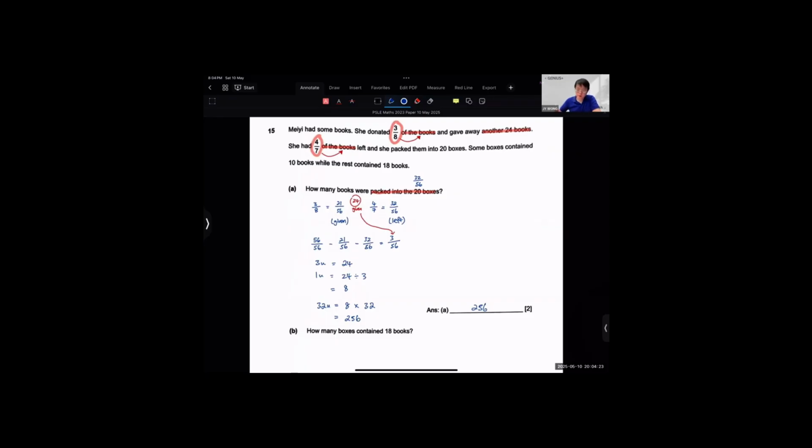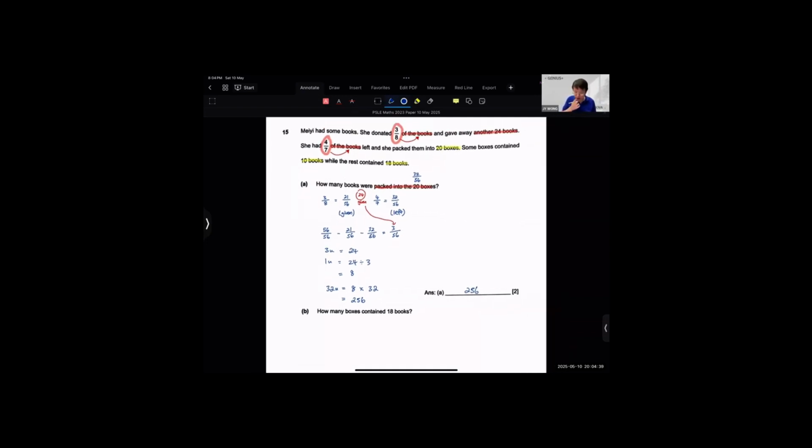Now, part B. Some boxes contain 10 books, while some boxes contain 18 books. Do we know the number of boxes? We know the number of boxes. We know that there are 20 boxes. What concept is this? I know my total number of boxes. I know the number in each box. What do we call this particular concept?